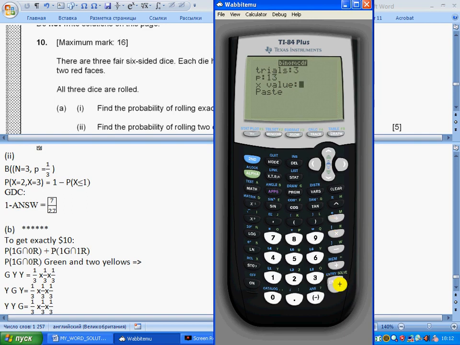X value is 1, so less or equal, we need this value, less or equal 1. Here, we made a mistake, so it should be 1 over 3.